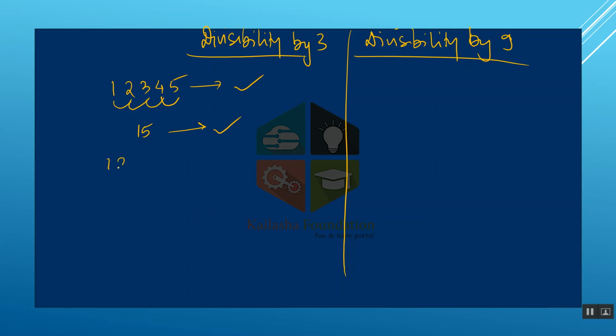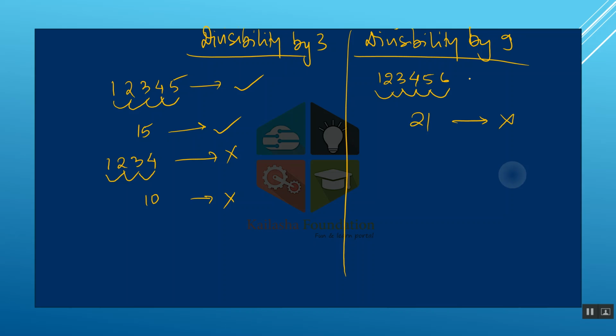Okay. 1, 2, 3, 4. 1 and 2 is 3, 3 and 3 is 6, and 4 is 10. 10 is not divisible by 3, so the number is also not divisible by 3. Now 1, 2, 3, 4, 5, 6. 1 and 2 is 3, 3 and 3 is 6, and 4 is 10, and 5 is 15, and 6 is 21. 21 is not divisible by 9, so this number is also not divisible by 9.